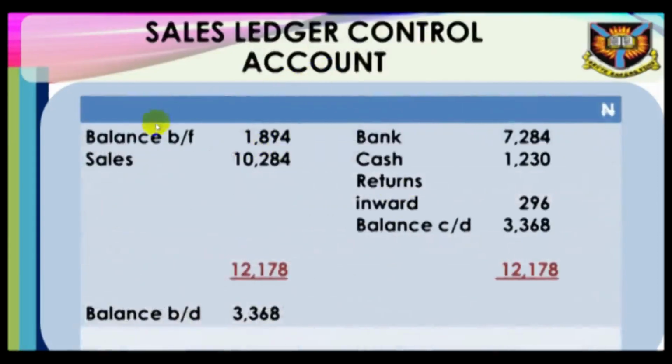Sales ledger account. On the debit side we have balance brought forward of 1,894, and then we add sales of 10,284, and then we have total 12,178 naira.